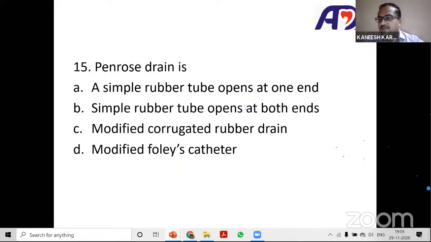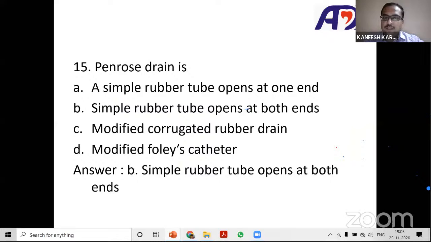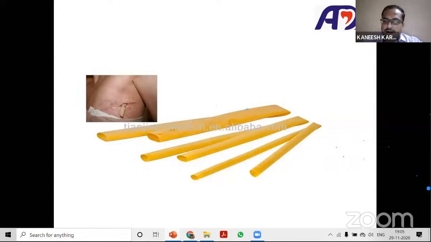Penrose drain is a simple rubber tube which opens at both ends like this. Okay, this is used in the drainage of abscesses or drainage of infections.